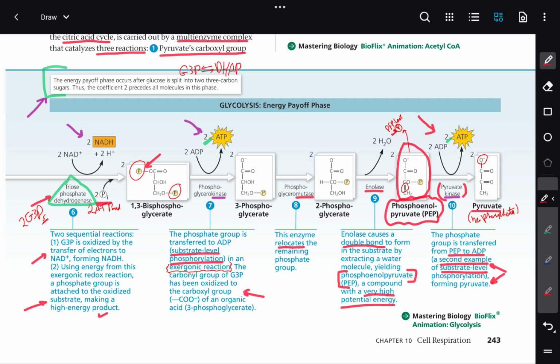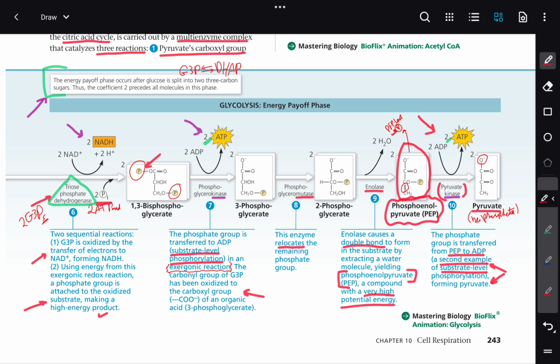This second half of glycolysis will provide us, as we kept in the back of our heads, as a final product, 2 ATPs as a net gain, and 2 NADH.